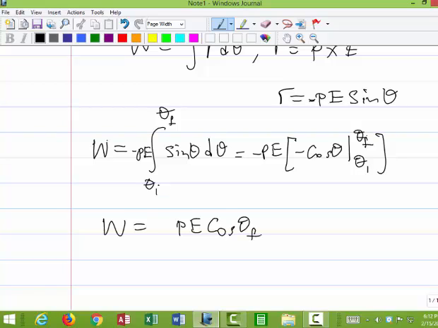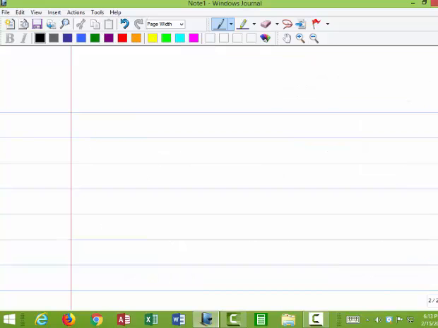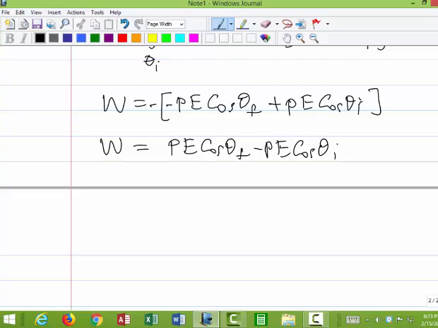Then the work done by the electric field becomes PE cosine theta final minus PE cosine theta initial. The negative sign just goes through, and that's what we end up with. This is in line with your textbook. The only difference between what I did and the textbook was a negative in front of the answer, so I want to make sure that comes up.